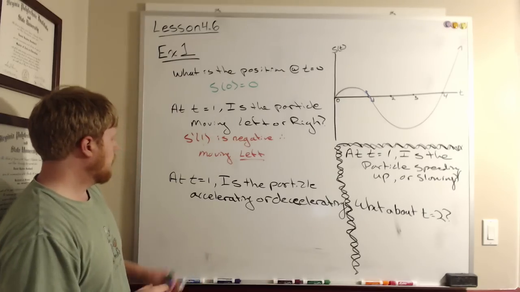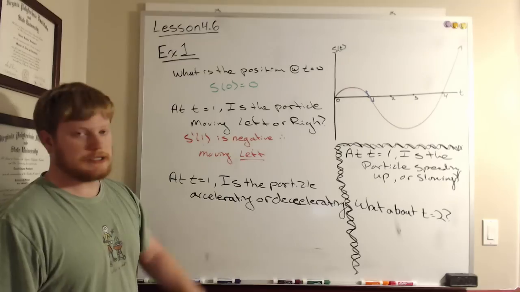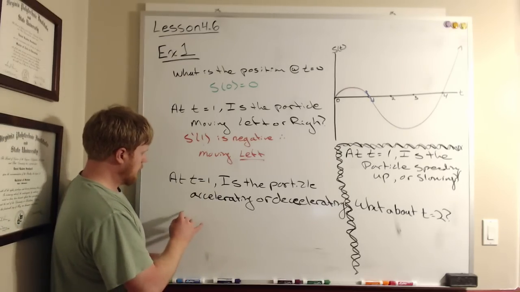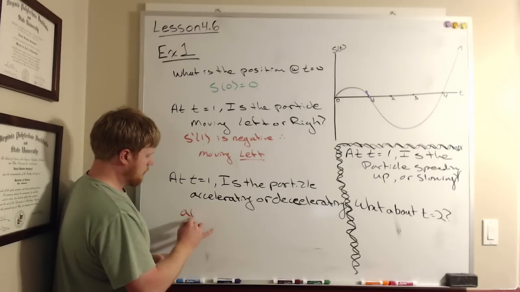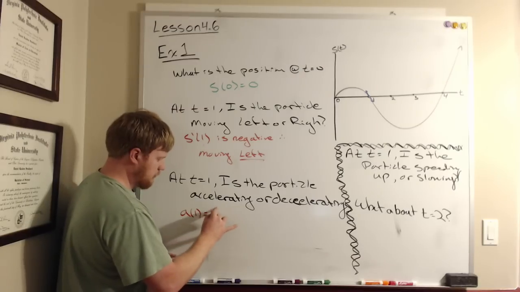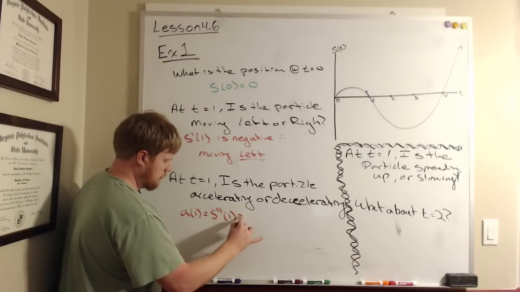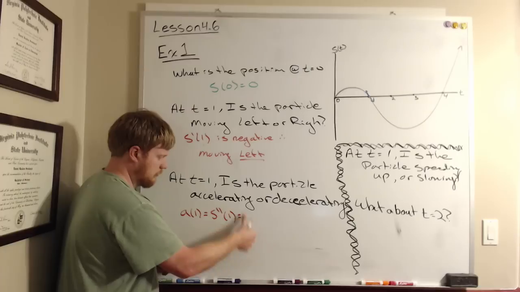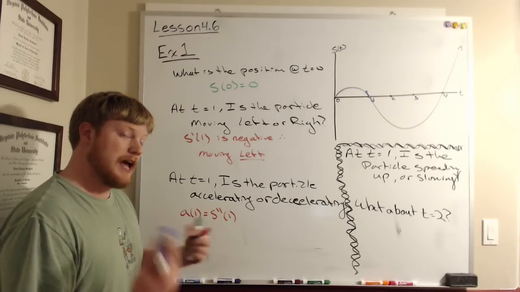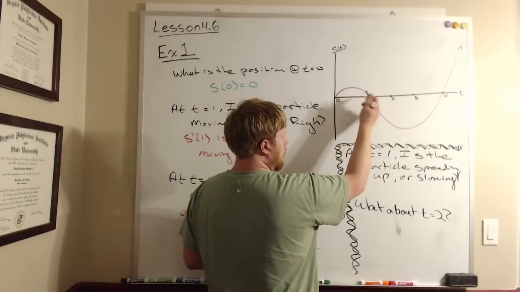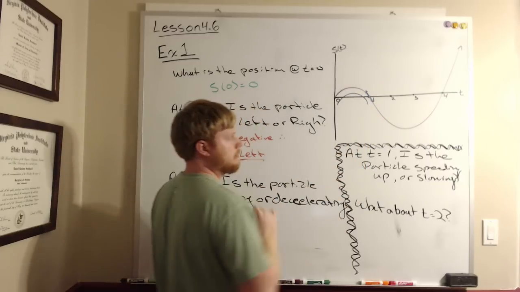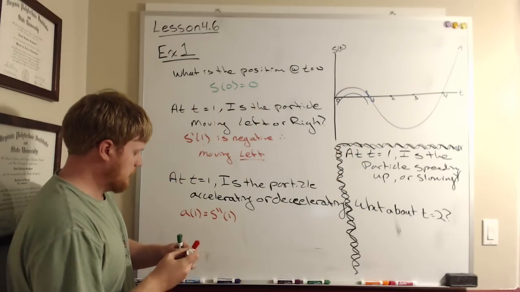At time t equals 1, is the particle accelerating or decelerating? Well, acceleration is something to do with the second derivative of position. And the second derivative talks about concavity. And here, it's pretty evident that at that point, the graph has this concave down shape.